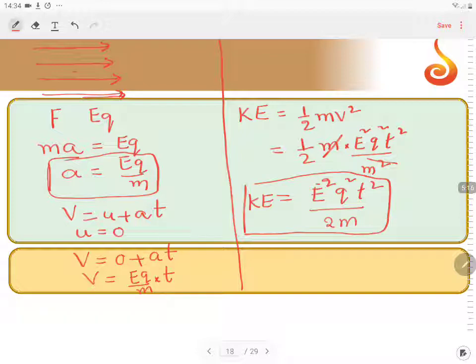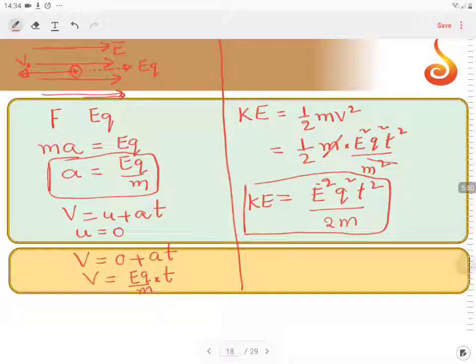So if you project a positively charged particle in the opposite direction to the electric field with a speed v naught, it will experience force in the opposite direction. So EQ will be like this, but the initial velocity will be like this. So what will happen to this initial velocity that was given to it? The initial velocity gradually decreases, and it comes to zero.